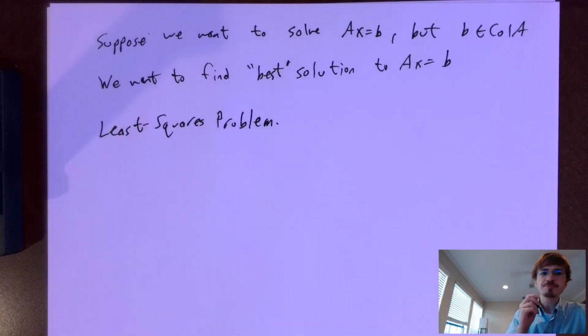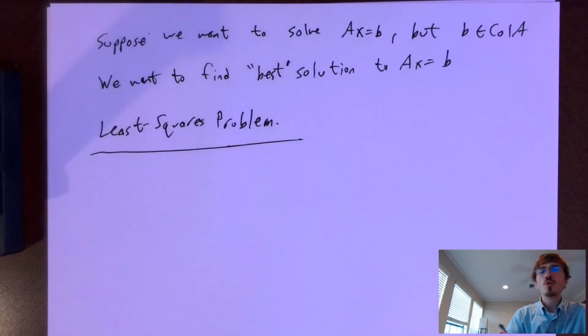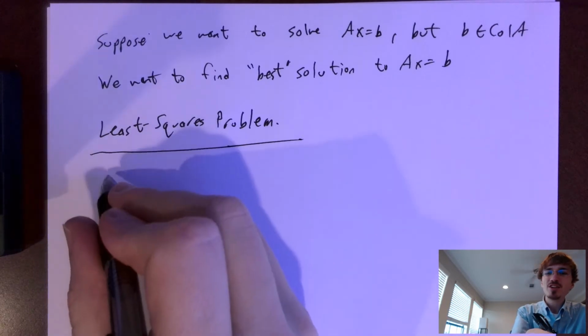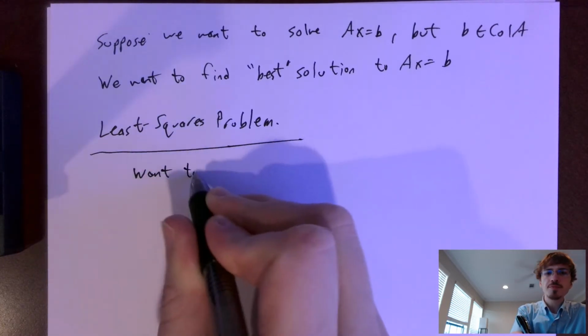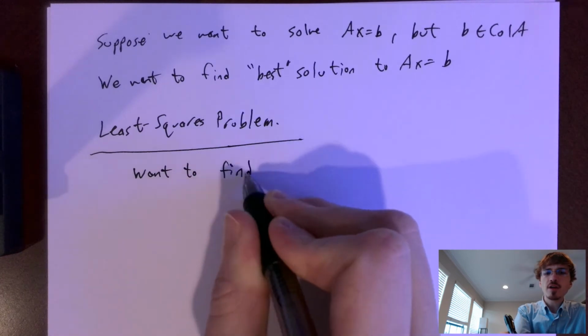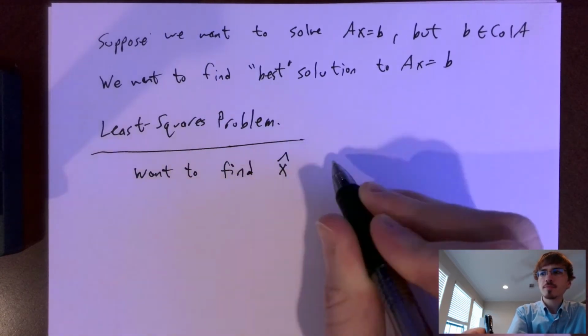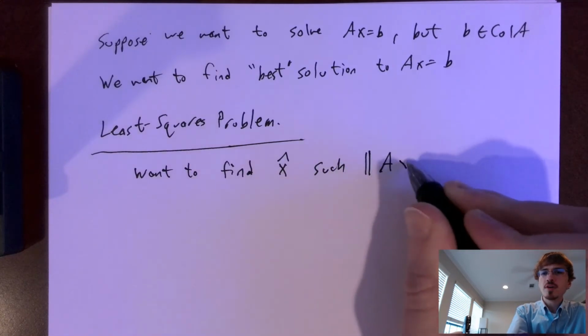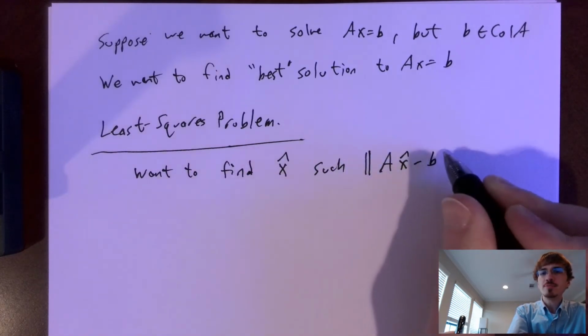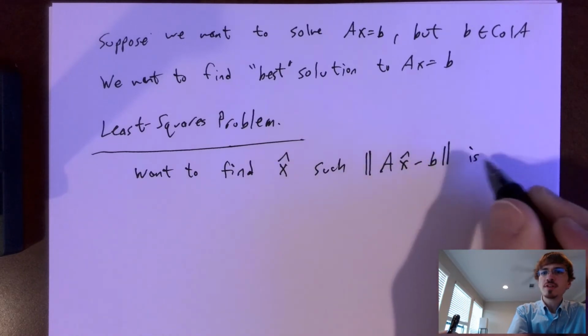All right. Well, by best, we want the closest solution, yeah? So we really want to find some vector x hat such that the magnitude of A times x hat minus b is minimized.